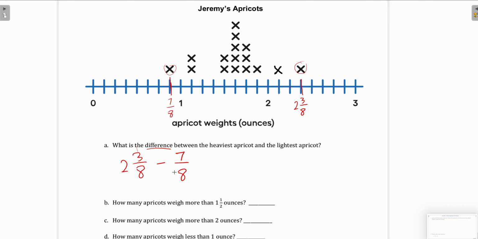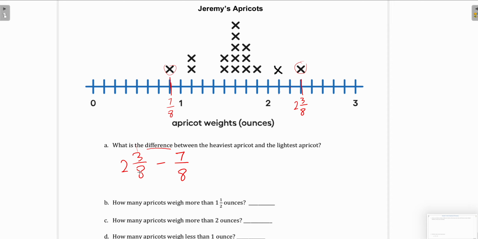But we do have to do one thing, because this numerator is smaller than this one, so we cannot do 3 minus 7. So that tells me that I'm going to have to either borrow from this whole here, regroup this, or I can just convert this into an improper fraction. Just to show you the other way to do it, let's convert it into an improper fraction.